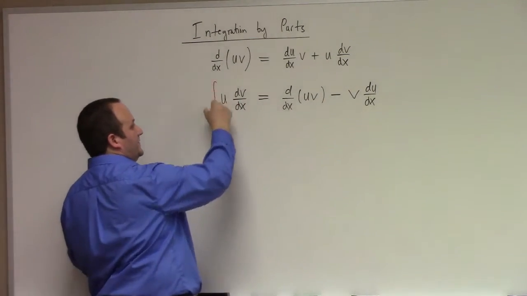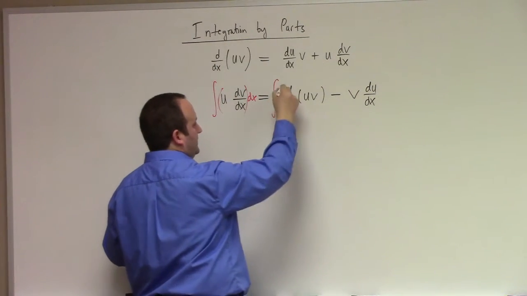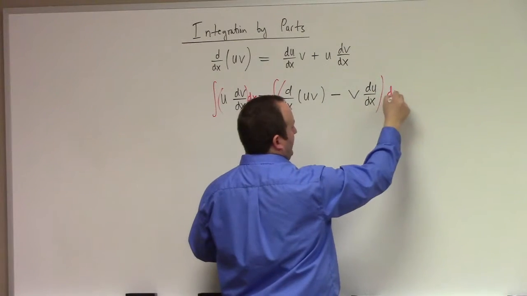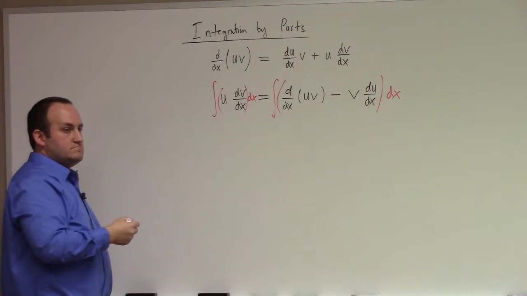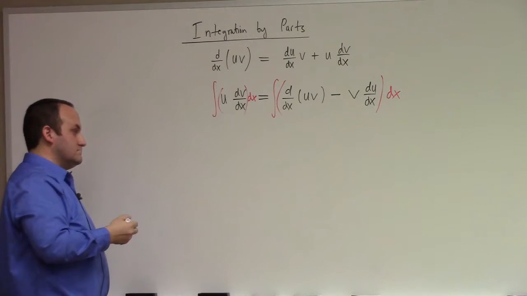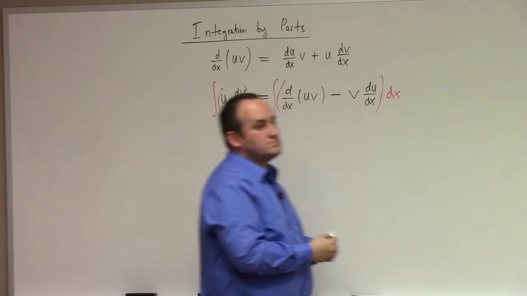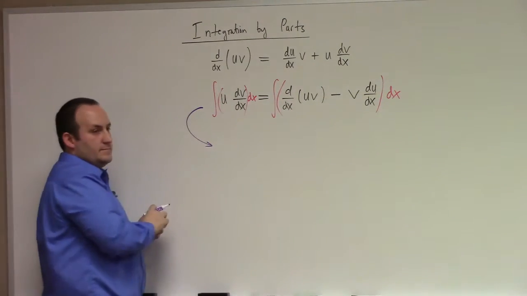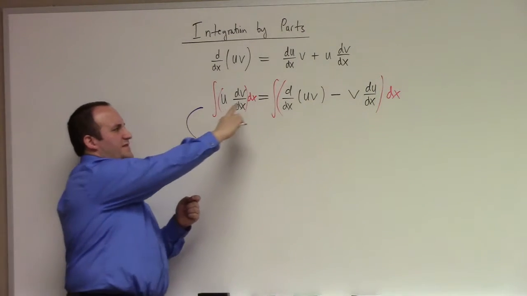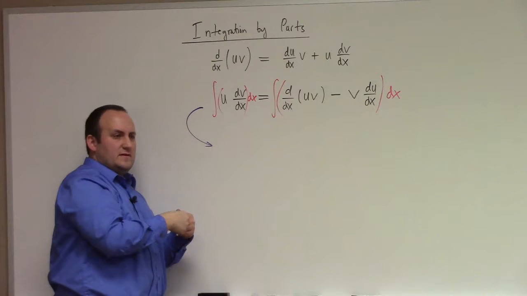So integrate this all with respect to x, and what do you get? So basically what's happening here is we're making, you might say, a v substitution.